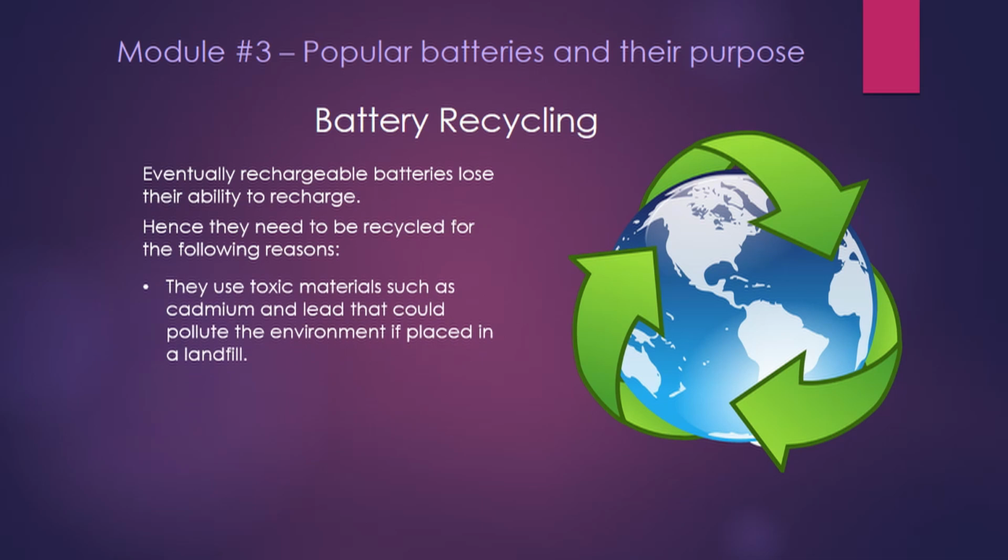The first reason is that they use toxic materials such as cadmium or lead that could pollute the environment if placed in a landfill. The other reason is that they use uncommon metals that need to be recycled to prevent shortages of these valuable materials. One-time use batteries, such as alkaline batteries, are not typically recycled because the hazardous material that was used to make them has been removed from the design.